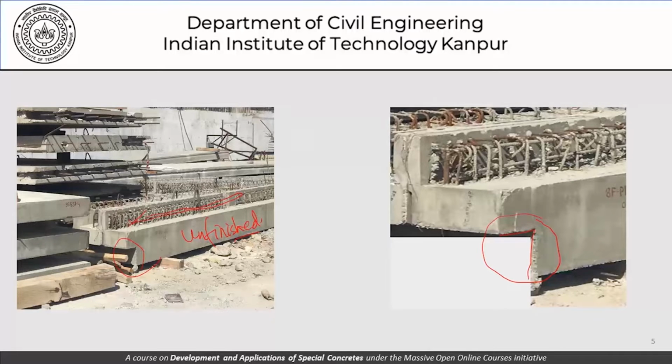We have to be very careful that these edges are properly designed as far as the design stage is concerned, and then there is a clear SOP on what is going to be done as far as this surface is concerned, or these bars are concerned, whether they'll be cleaned, not cleaned, left as it is, how much of concrete can be allowed to be remaining on these bars before fresh concrete is cast against this surface.